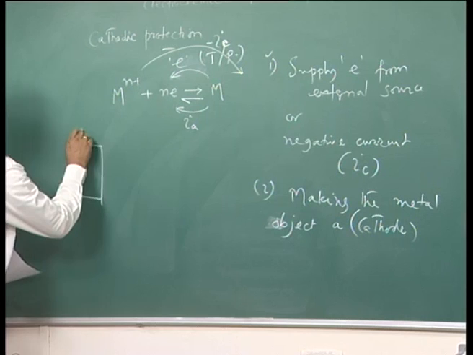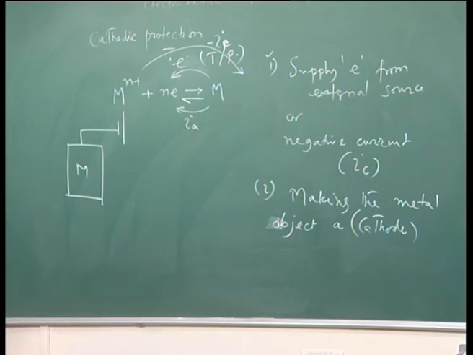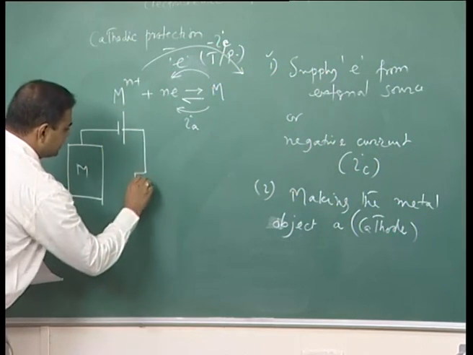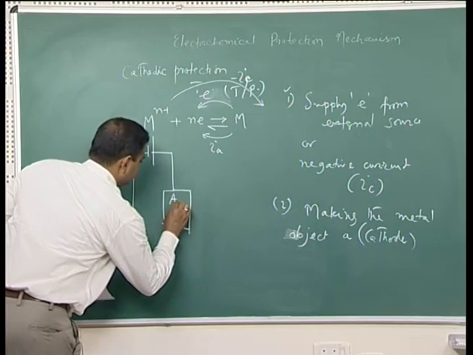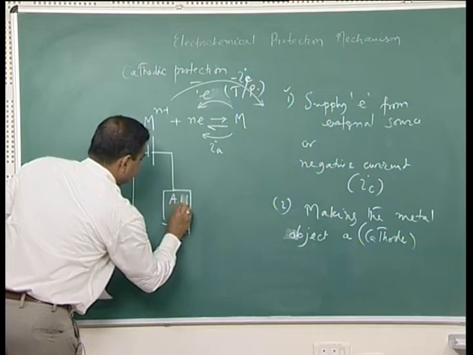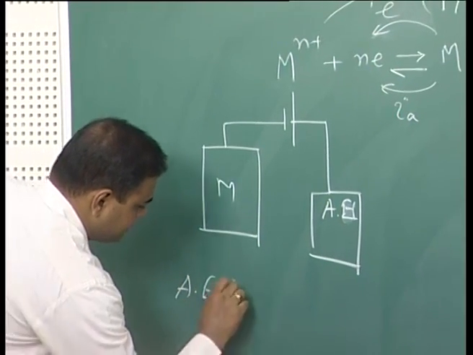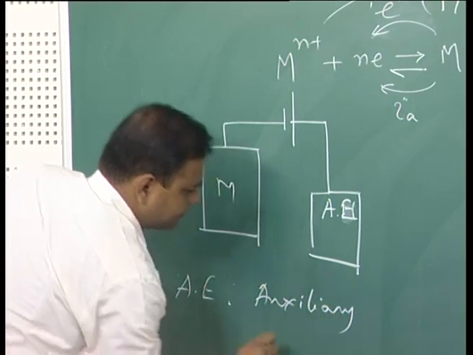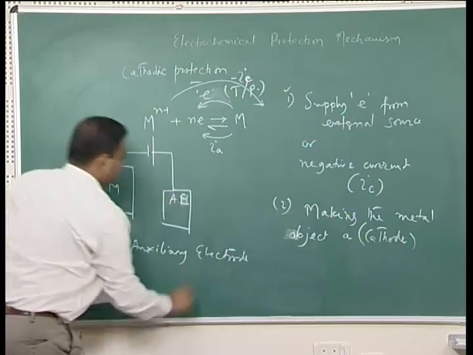One way is to connect it to the negative terminal of a DC power source, and connect the positive terminal to an auxiliary electrode, AE.